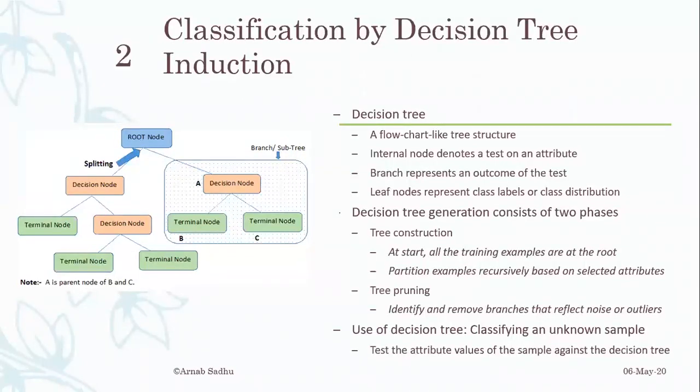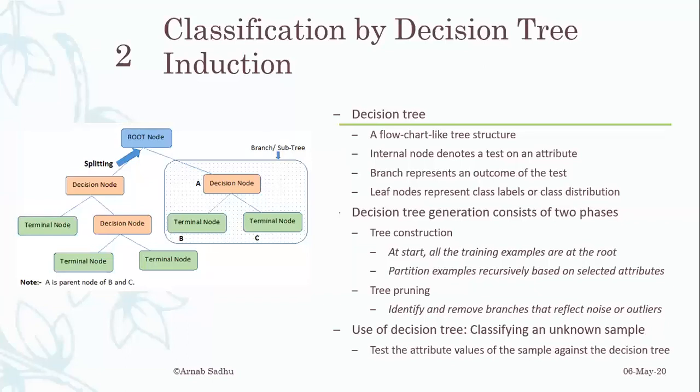The first phase is tree construction, where all the training examples are at the root, and we partition the examples recursively based on selected attributes. That selection of attribute is the most important part, which attribute to select first, as I discussed in the example. The second phase is tree pruning, where we identify and remove branches that reflect noise or outliers.